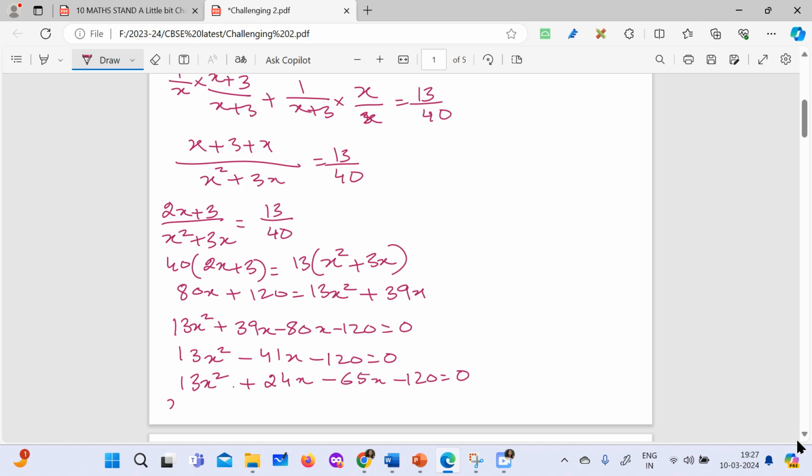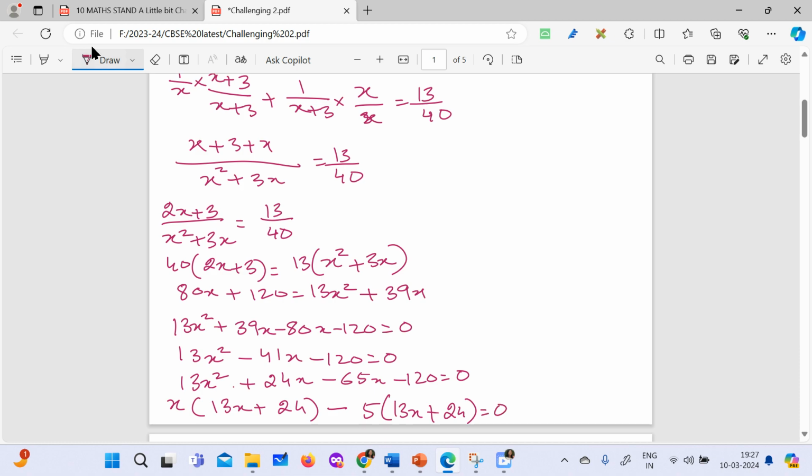So you have x common here, so we write x times 13x plus 24, and here also we can have, not 13, we will have 5 as the common. So you have 5, and then we write 13x plus 24.